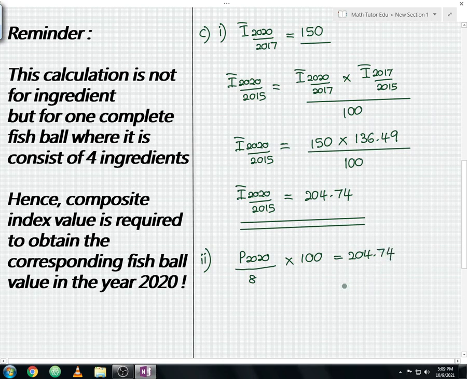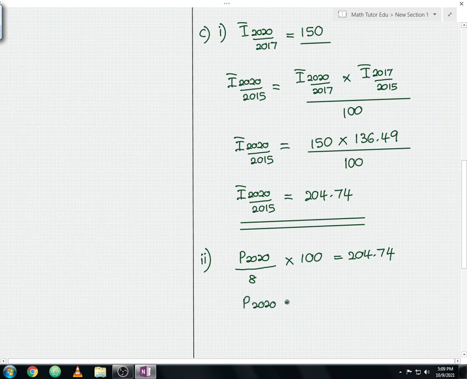204.74. So in order to find the price in the year 2020, 204.74, you have to times with 8 and you divide with 100. Let me underline the fraction.